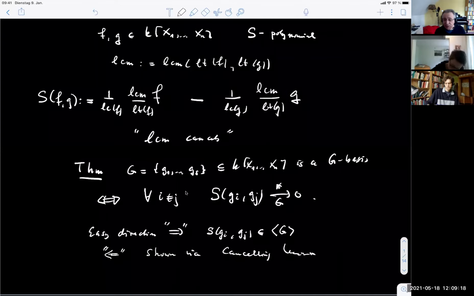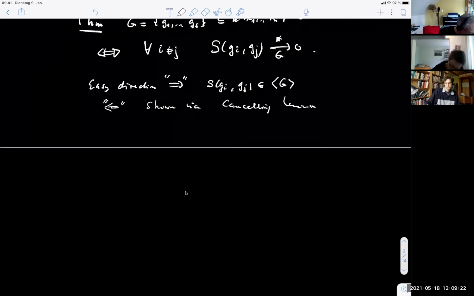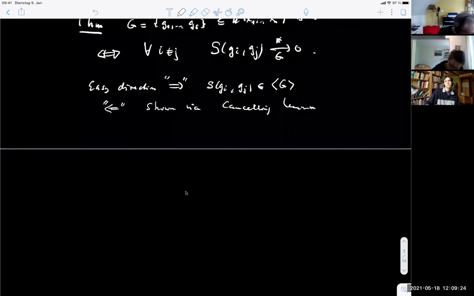So I don't enter this proof anymore. It was a little bit complicated. But what was this canceling lemma? It captures the essence of what can happen when you cancel terms. So here is the canceling lemma again.